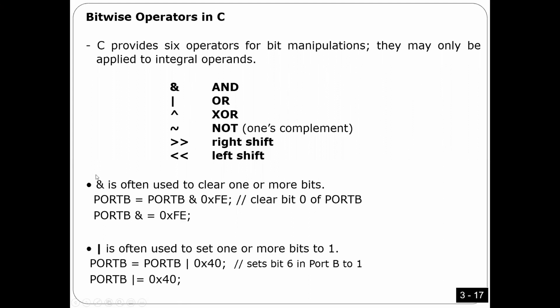I'm going to show how we can use them, so don't worry. The first one, as I said before, guys, AND is used if you want to clear some bits. What I said before, in assembly, if you want to clear some bits, you can use bit clear or logic AND. Here in C, we're going to use logic AND.